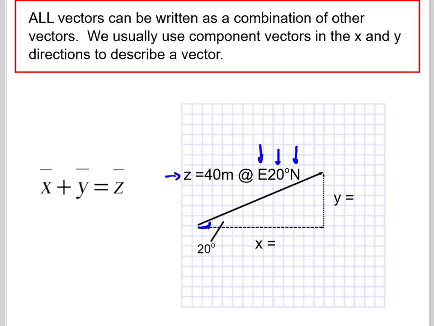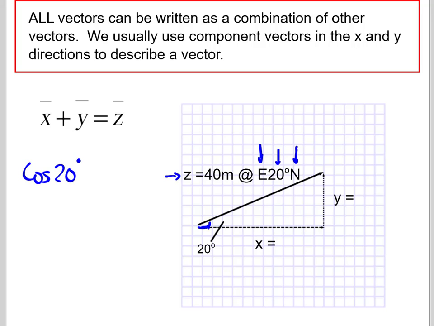So I want to know what the x and y components of that are. We can take our primary trig ratios. If I take cosine of 20, that is going to equal x over 40. If I punch that in my trusty little calculator, I get 37.6 equals x.